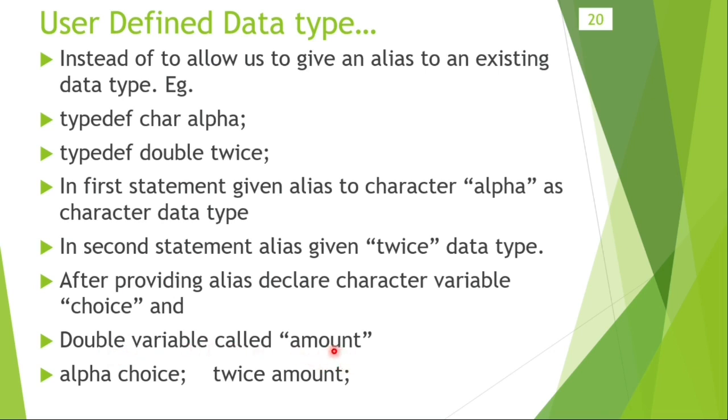So how can we write these statements in a user defined function? We will write alpha choice, since alpha is already a character type definition, so the choice is y n, like yes no. Then twice amount, since double is already twice, so we will write twice here because it's a type definition, twice amount. Okay.